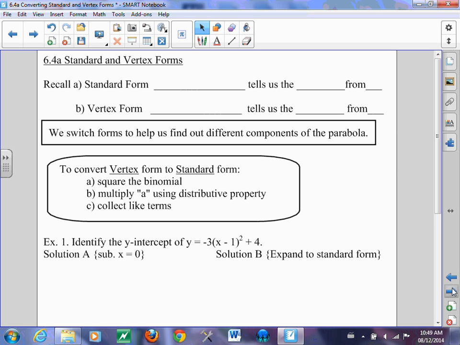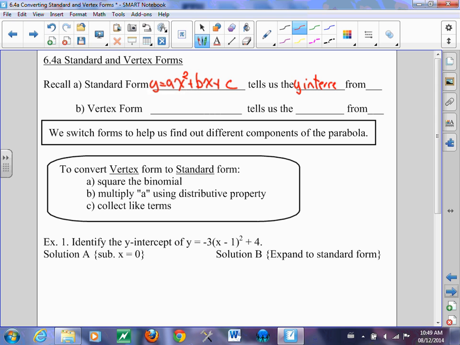All right, so today we need to recall 2 specific forms. Standard form, which is y equals ax squared plus bx plus c. And that tells us important information. It tells you the y-intercept, and we get it from the letter C in standard form.